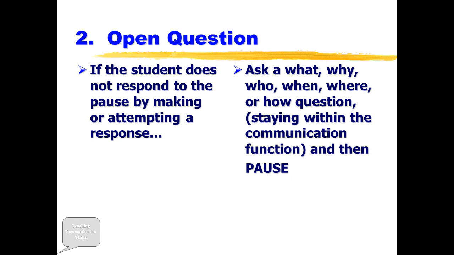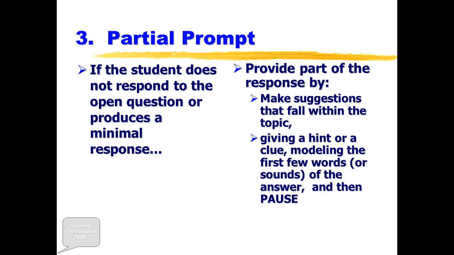And make sure if you're using any kind of an open questioning technique that you're staying within the same kind of communication function, that you're not switching it up on them based upon the kind of message that they're communicating at the time. A partial prompt is a hint or a cue.